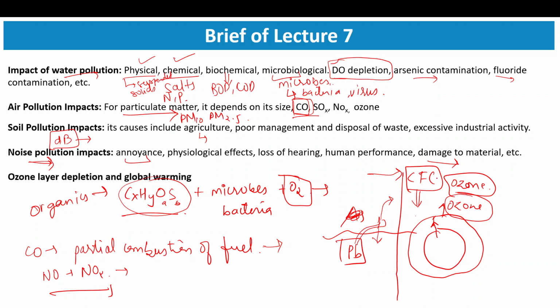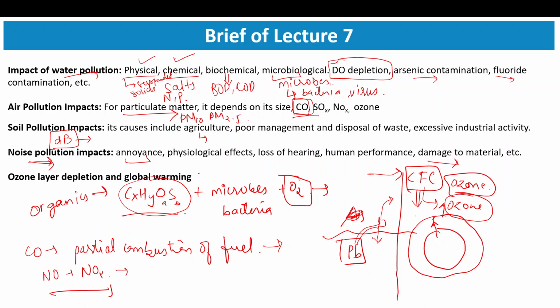If CFC reacts continuously with ozone, then, as is well known to all of you, an ozone hole is formed in the stratosphere. In that case the UV rays will reach us directly and be harmful to us, because UV rays can cause cancer as well.